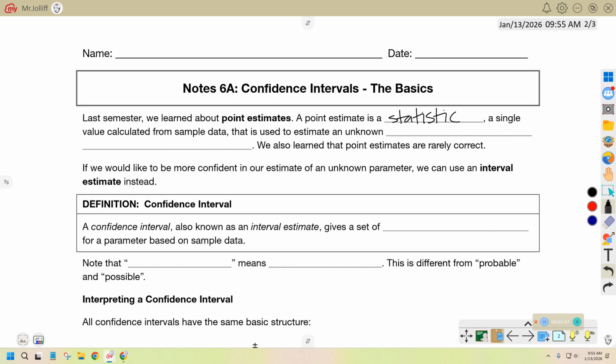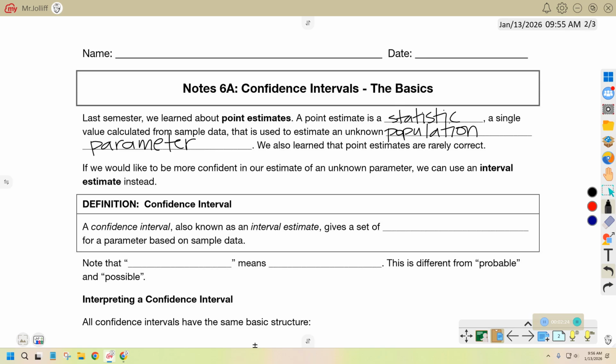We looked at the height of students in our classroom. And point estimates are single values pulled from sample data that are used to estimate an unknown population parameter. Sample statistics, population parameters. So we are using a sample statistic to estimate an unknown population parameter. That is a point estimate.